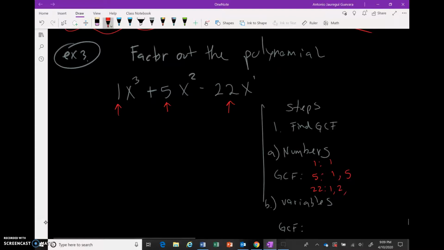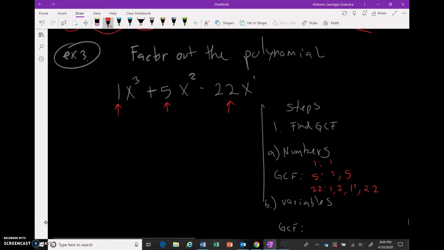Sorry, the factors for 22 would be 1, 2. 4 doesn't go into it. 5, no. 6, no. 7, no. 8, no. 9, no. 10, no. 11 does. And 11 and 22.